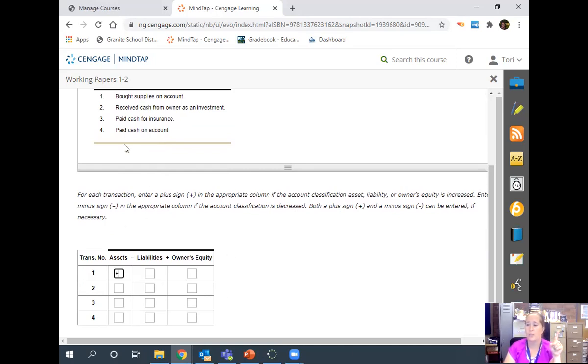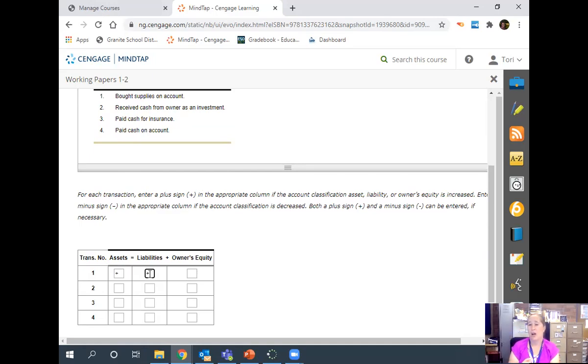So I know I'm going to be adding to my supplies. And I bought it on an account. When it says on an account, that means I took a loan out through that company or whatever. So this is where kids get confused. I'm going to increase my liability, meaning I am increasing my loan.